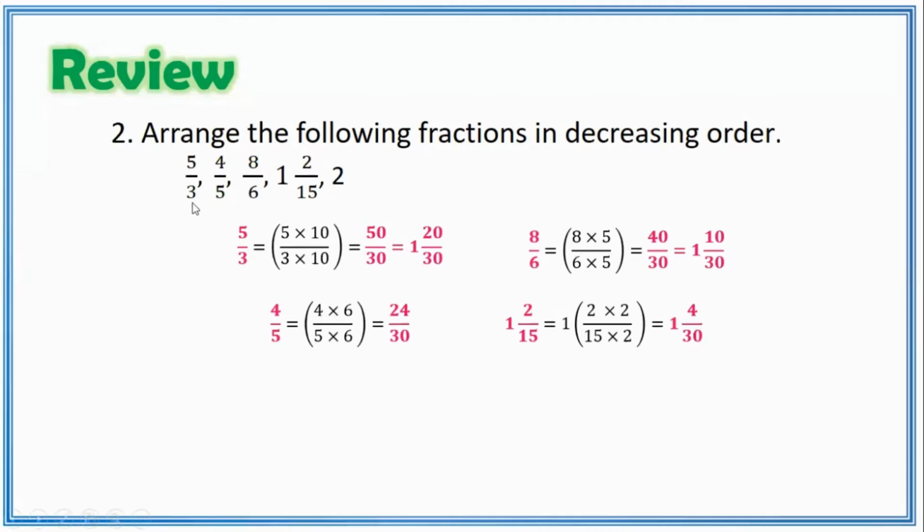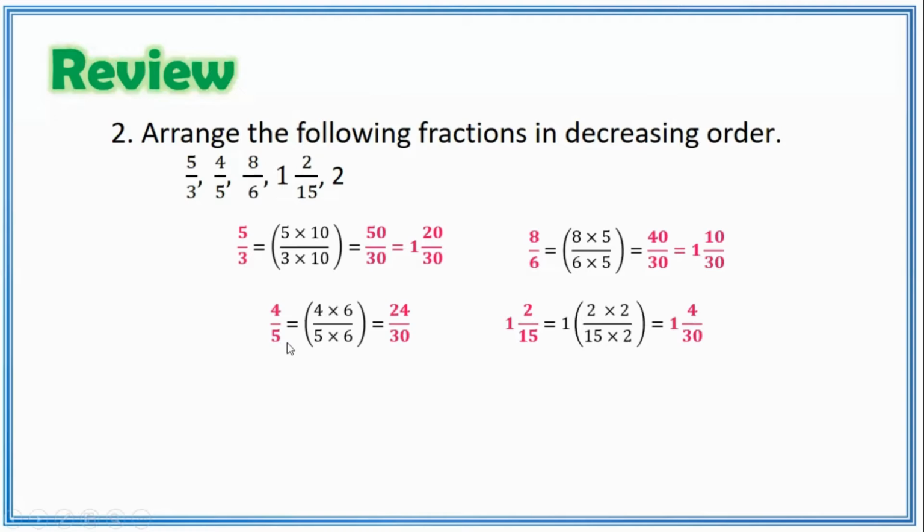So the first common multiple of the denominators 3, 5, 6, and 15 is 30. So for the improper fraction 5 out of 3, we need to multiply it by 10 out of 10. So 5 times 10 is equal to 50, 3 times 10 is equal to 30, and 50 out of 30 is equal to 1 and 20 out of 30.